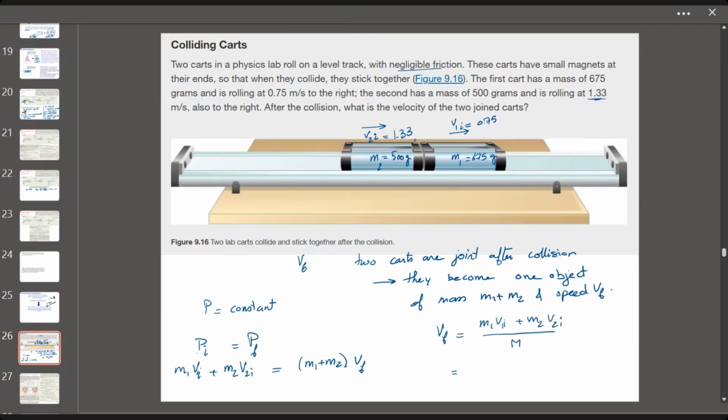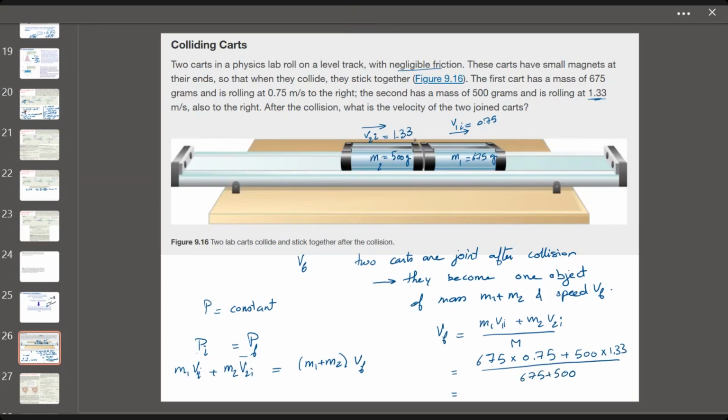M1 is going to be 675 times V1 initial, which is 0.75, plus M2, which is 500 times 1.33. I will divide that by 675 plus 500. I want you to notice something.